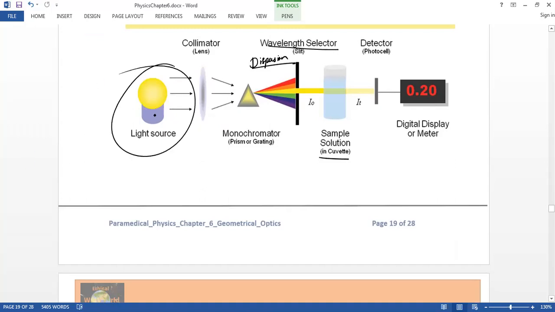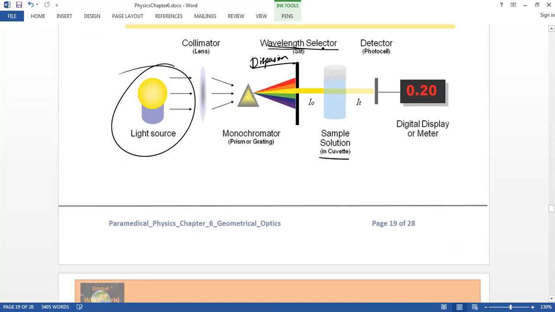The source of light is concentrated by the lens, and this beam of light is allowed to fall on the monochromator or prism. The prism splits it into multiple colors.